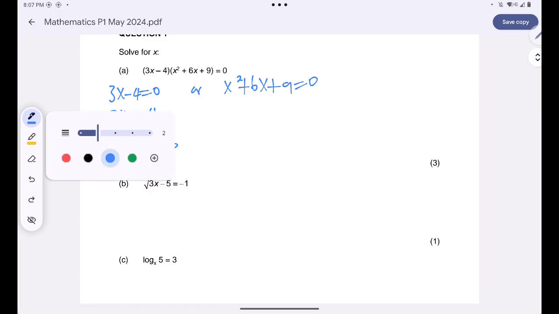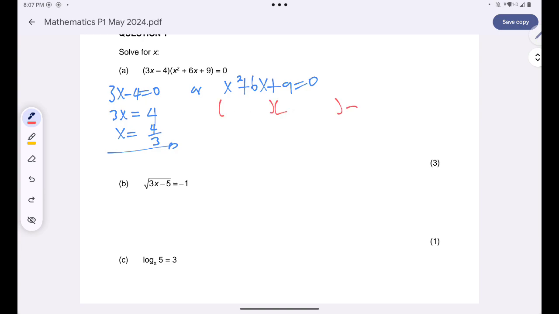And then on the other side, I just need to factorize this one. I want to have the factors of 9 that when I add will give me 6. Those factors are 3 and 3. Since the sign here is positive, it simply means that my brackets will have the same sign, but not just any sign, the sign of the middle term.